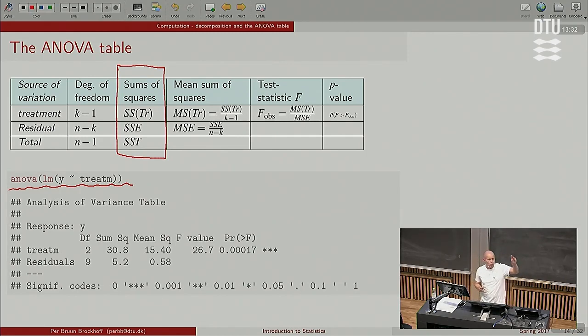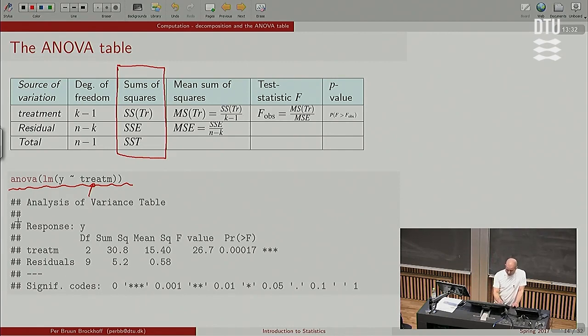And then we have this y tilde x notation. But today x is not x. Today x is grouping information. So we need a column in our data frame that codes for the treatment groups, or any kind of groups. The generic name used is treatment groups.